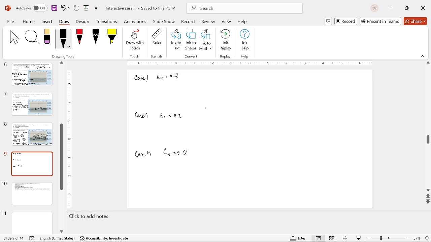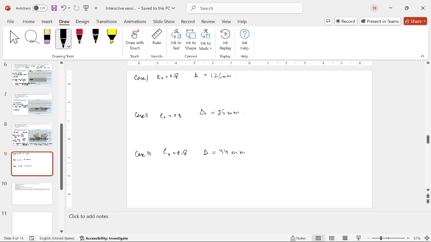And we need to calculate the final, and we calculated the settlement. Delta H was 126 mm, delta H was about 25 mm, and delta H was about 44 mm.